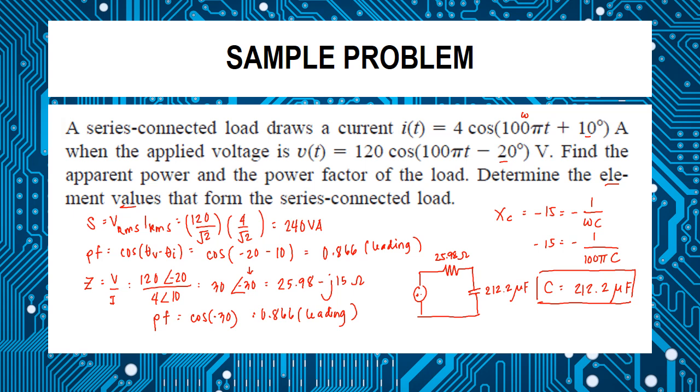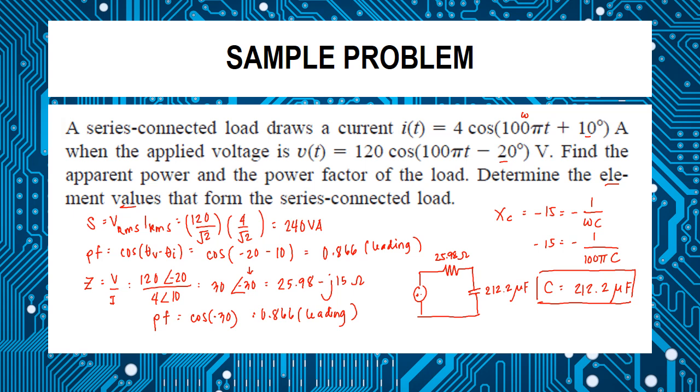And then solving for the power factor, that is equal to cosine of theta V minus theta I, or cosine of, for theta V, negative 20, and for theta I, 10, so minus 10 minus 20, which is negative 30. So this is equal to 0.866, and this is positive, therefore this is a leading power factor. So the PF is leading because the current leads the voltage.